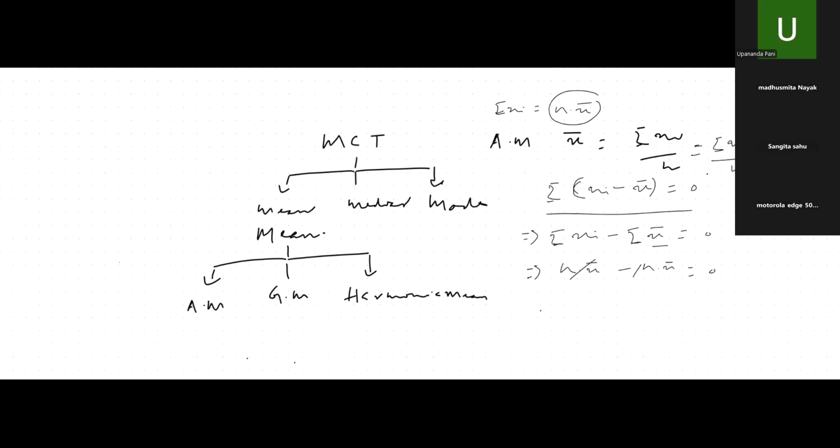Another thing you should know about the arithmetic mean is that it has a disadvantage: it is highly affected by extreme values, extreme large and extreme small.